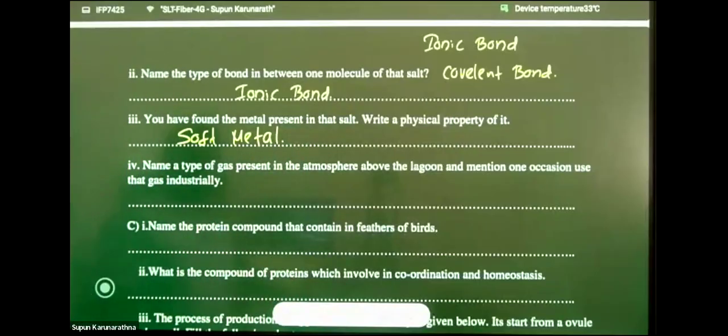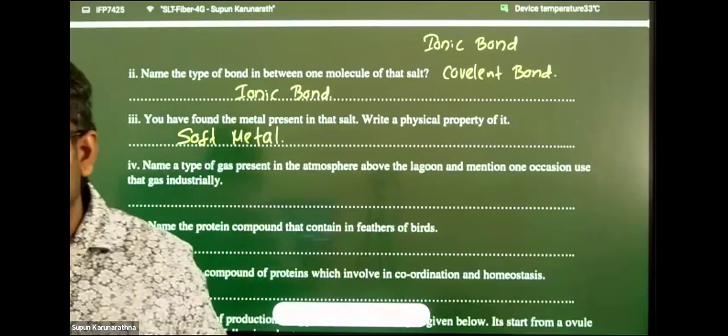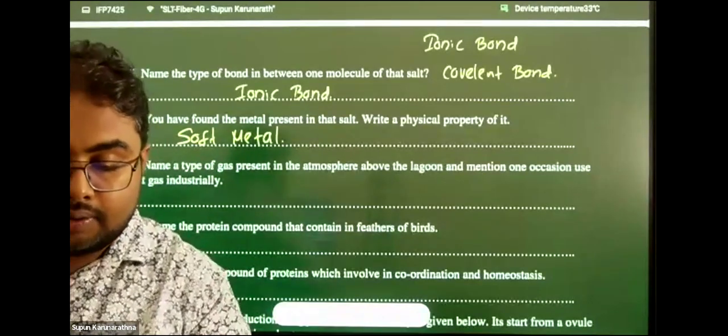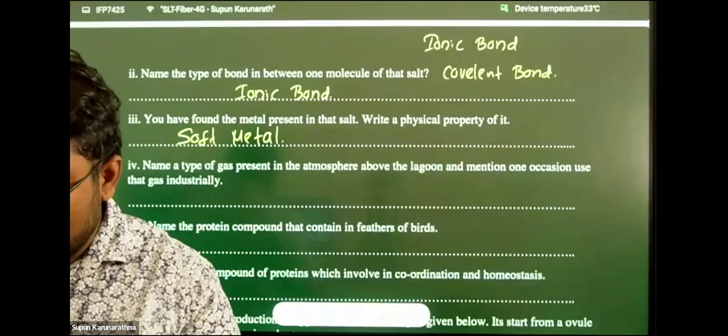Good. Then name the type of gas present in the atmosphere above the lagoon and mention one occasion where that gas is used industrially. It's a lagoon, right? Therefore, from lagoons a specific gas is always released. What do we call the gas released from the lagoon?